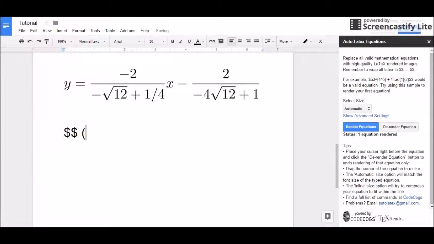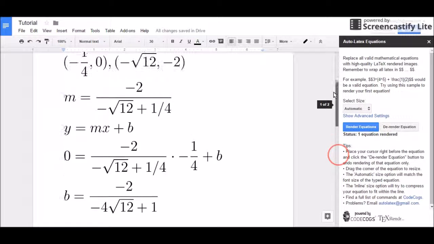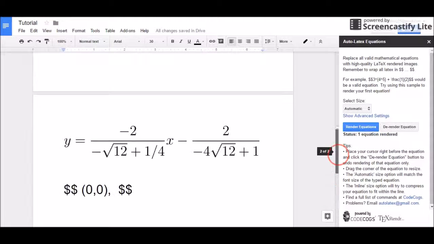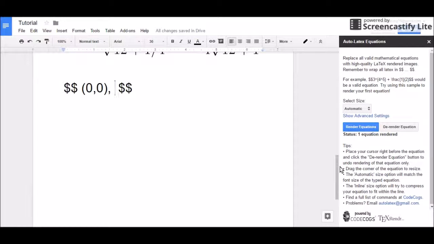The other line, we know 2 points still. One of them is at the origin, and the other one intersects at the exact same point, and that point is negative square root of 12 and negative 2.